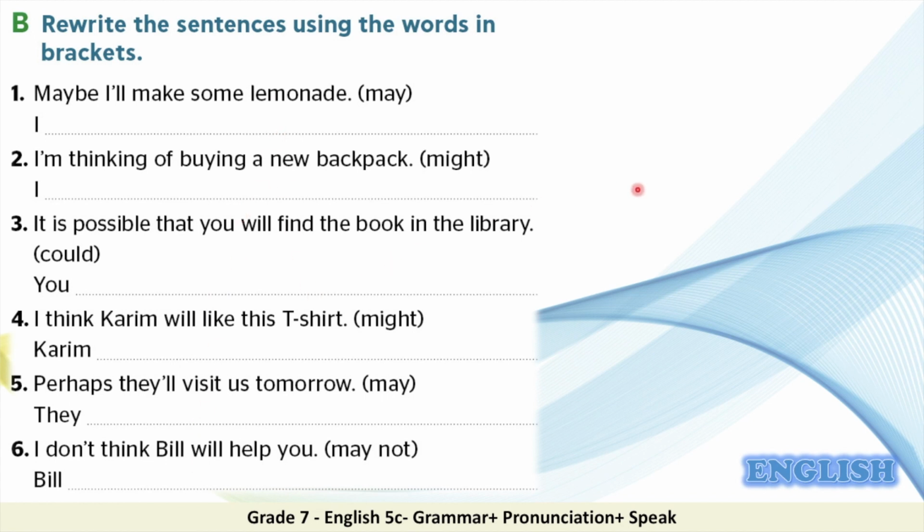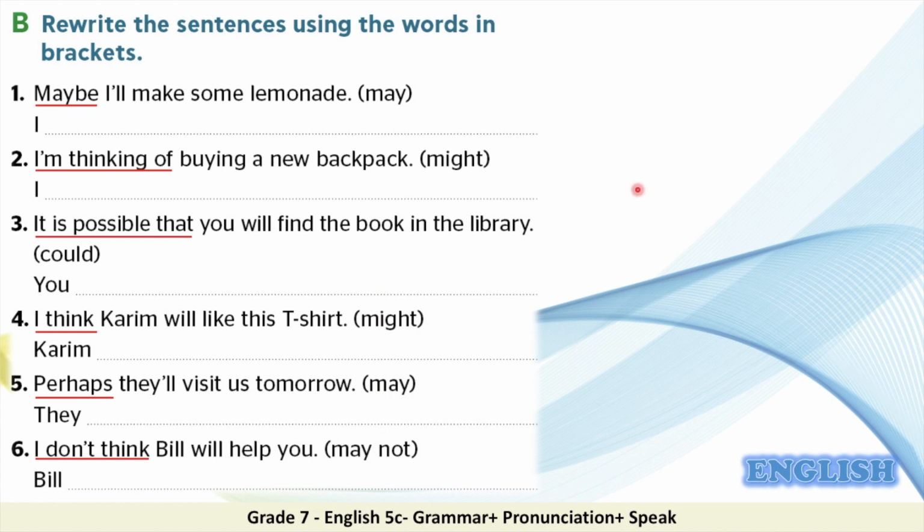We have number one, excellent, maybe. Two, I'm thinking of, perfect. It is possible that, I think, perhaps, and finally, I don't think. Thank you. You don't need these expressions or phrases when you use these modal verbs.